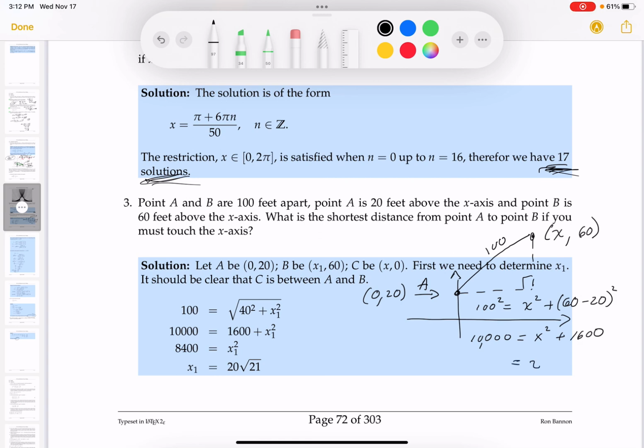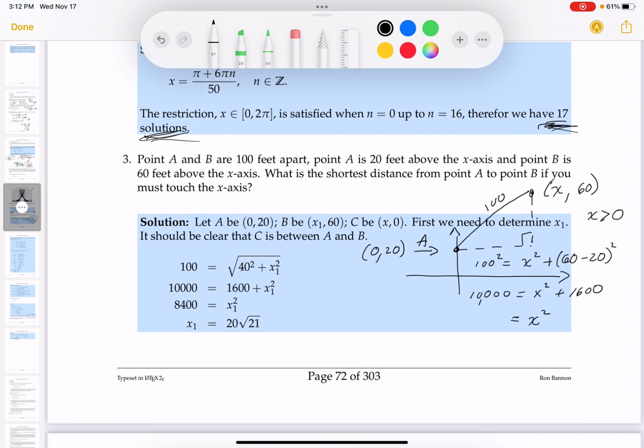Well, x squared. But I want to point out, looking at my picture, x is greater than 0. I'm just looking at my picture. So that's going to be 8,400 now. And I'd like to figure out what x is. That's the square root. I know it's not plus or minus, by the way. I have no objection to writing that down, but I'm going to write it a little differently.